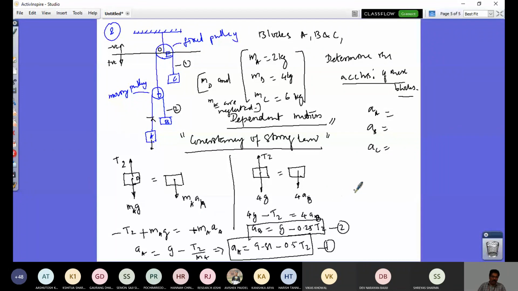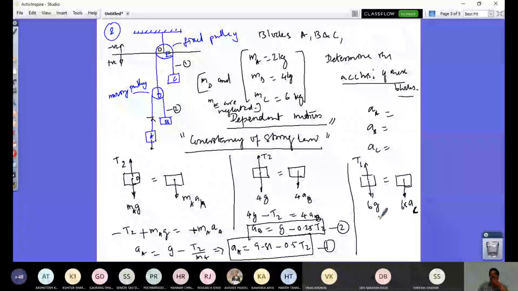Now, what is my third equation? I will get that from drawing the free body diagram of C. It weighs 6 times 9.81, and since it's cable 1, the tension in it is T1, and that is equal to 6 into AC, the acceleration.